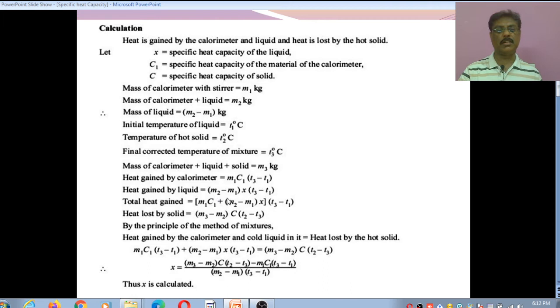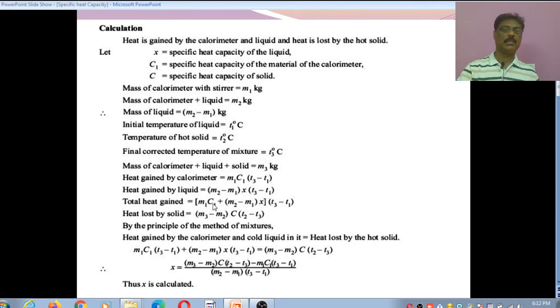So M2 minus M1 into X, the specific heat capacity of the given liquid, into the temperature difference between the mixture temperature and the initial temperature, T3 minus T1. This is the heat gained by the given liquid.